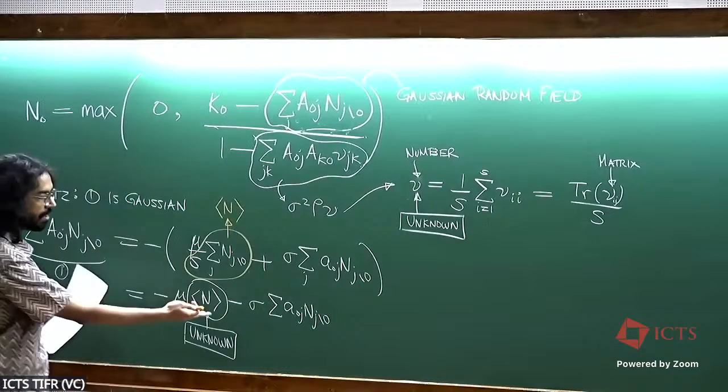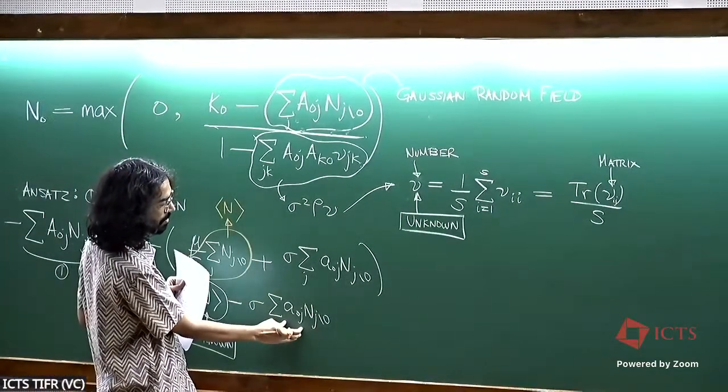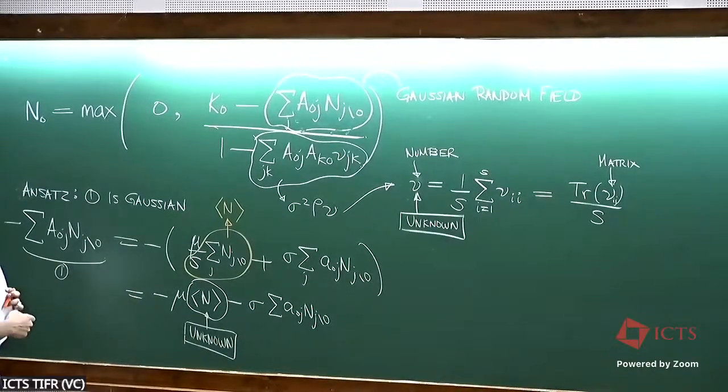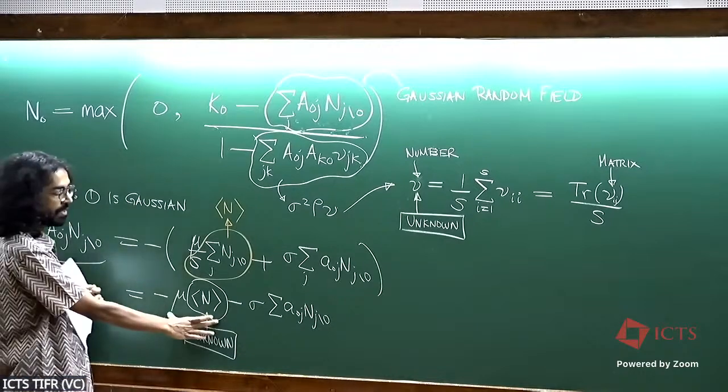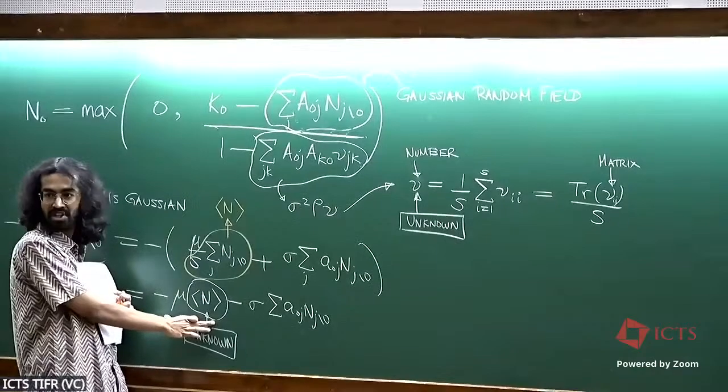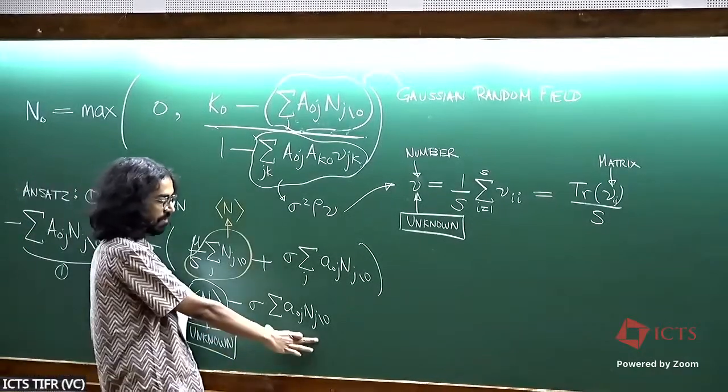Okay, so this is some Gaussian random variable. This is some A0J, which is like a fluctuation. So how will we get the mean of this? What will be the mean of this Gaussian random variable? That'll be the mean of this plus the mean of that, right? What's the mean of this? It's just this number. And what's the mean of this guy?